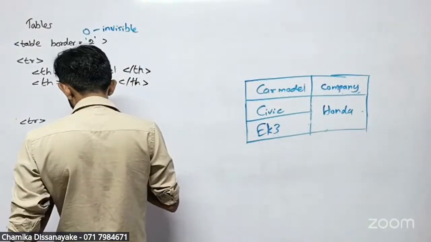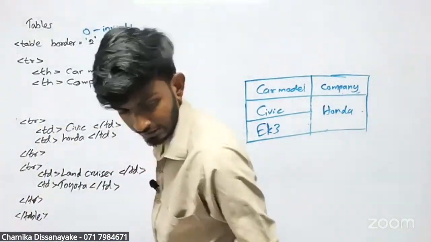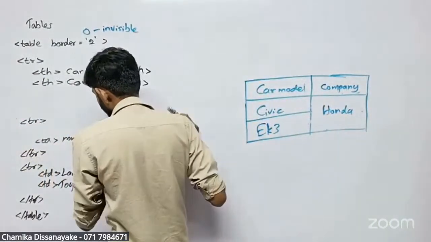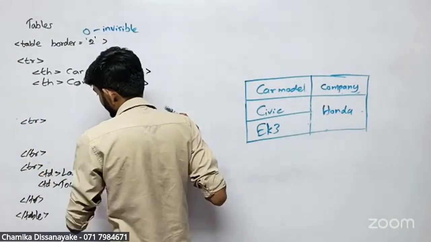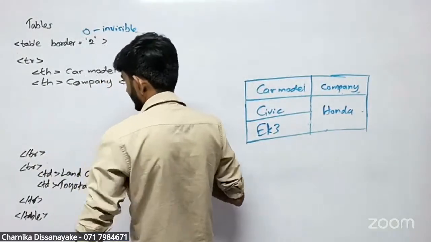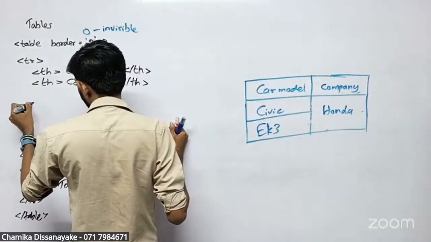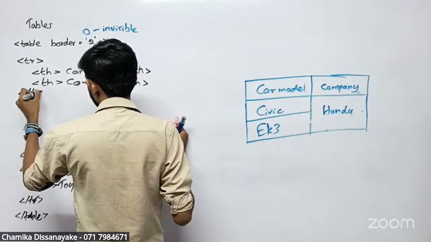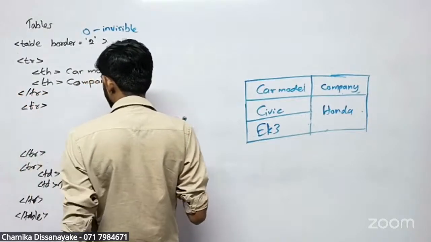So the second table row is going to start. Don't worry about the space. TR is closed. The second one is open.